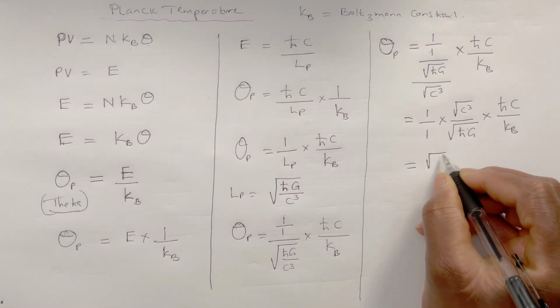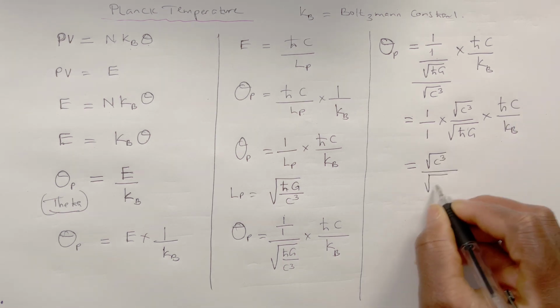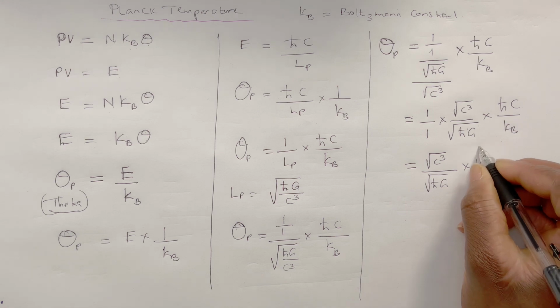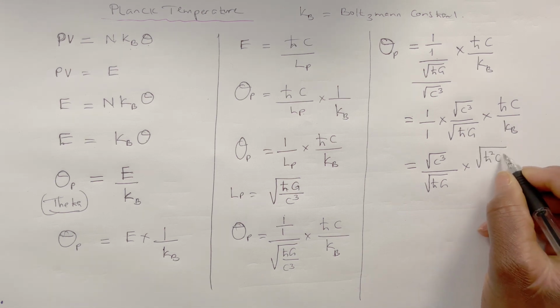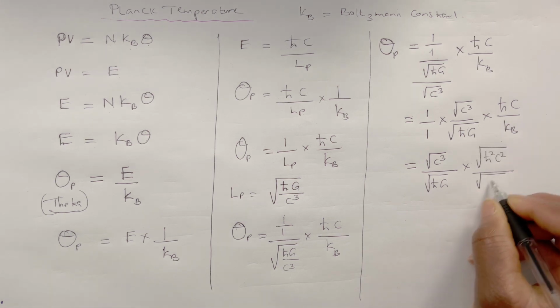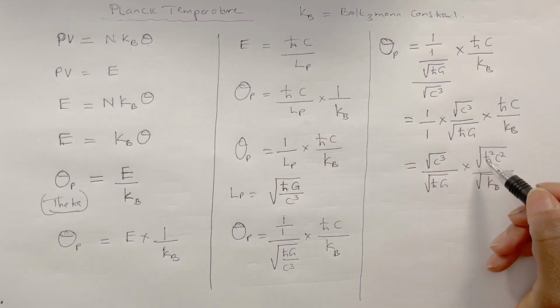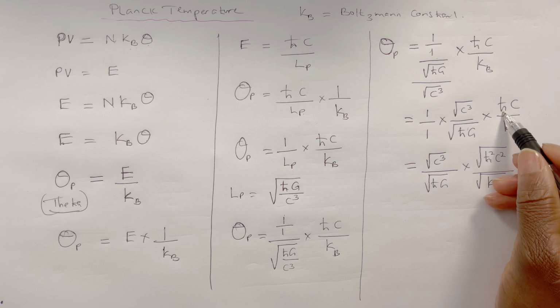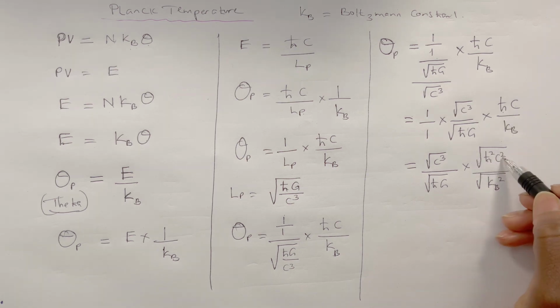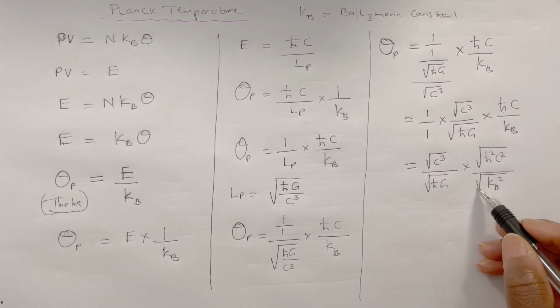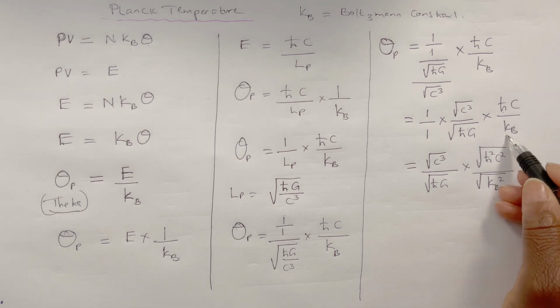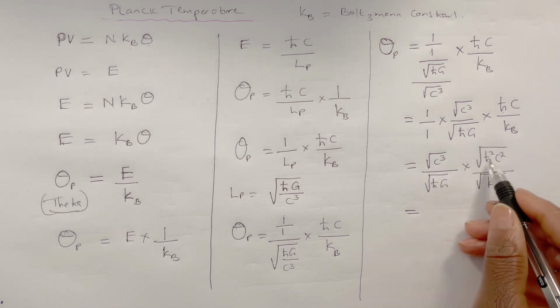So that'll be root c cubed over root hG times root of h bar squared c squared over root of kB squared. So I then put it all in, because root of that is h, root of that is h bar, root of c squared is c, root of kB squared is kB. And so I can put these together.